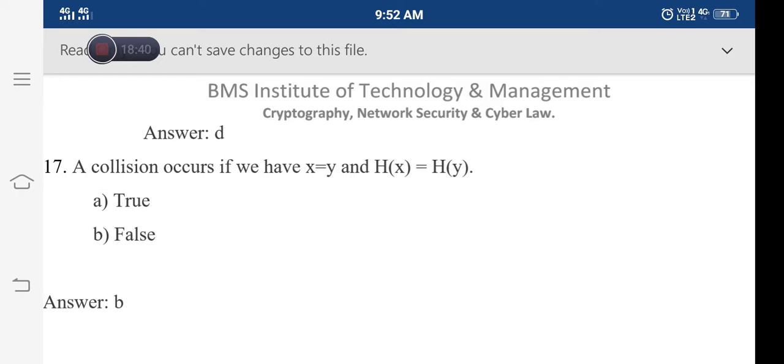For example, if x is equal to 2, then let us assume h of x is 5. Let us assume y is equal to 8, and h of 8 is also 5. Here x is equal to 2 and y is equal to 8. They are not the same; 2 cannot be equal to 8. So I cannot say y is also equal to 2. So the answer is false.